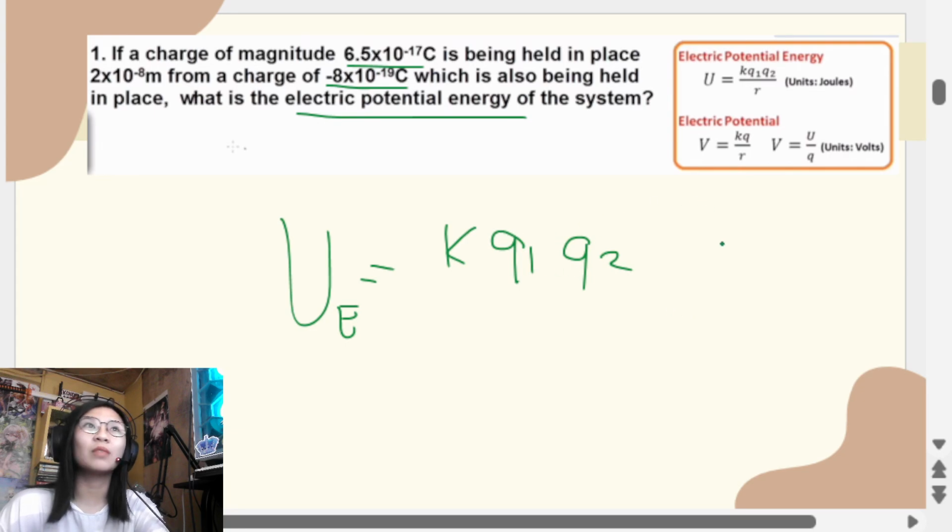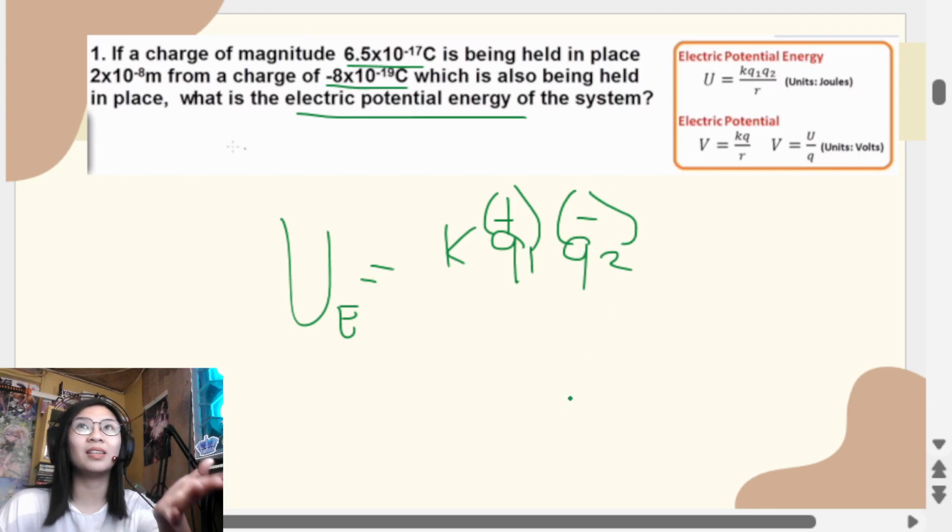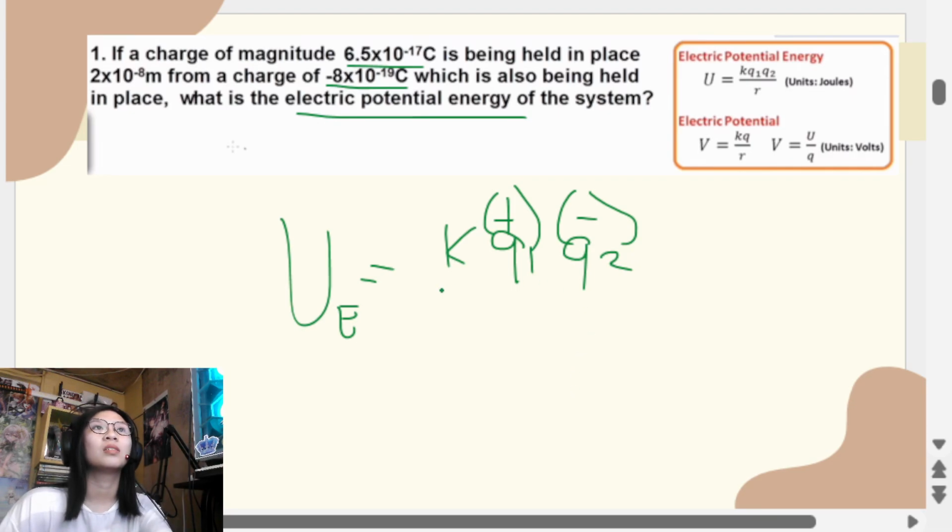So remember that they have no absolute value. So if Q1 is positive and Q2 is negative, you must put the signs in. Then over our R, which is 2 times 10 raised to negative 8.